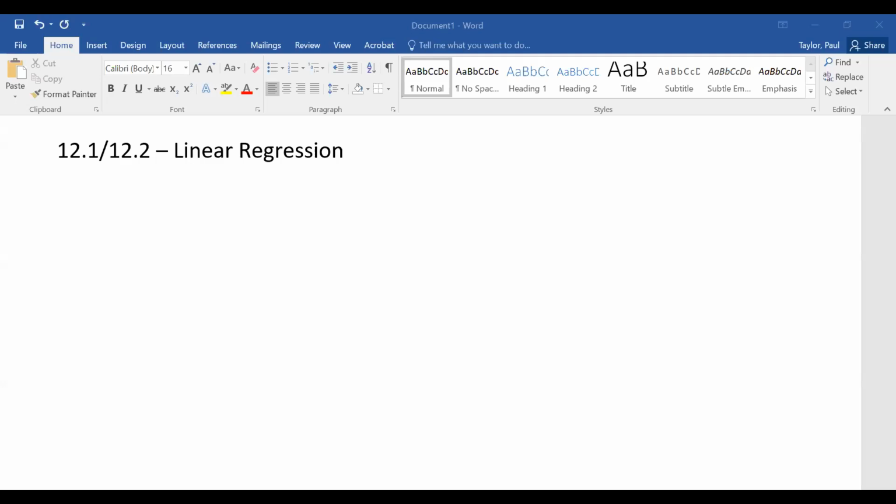Now, the more of a pattern that the dots follow, the stronger the association is. Basically, if the dots pretty much follow a pattern, it means that if you know one of the variables, then you can make a pretty good guess for the second variable by just looking at the pattern. So the idea of linear regression is that we are going to look for a pattern where things are in a line.